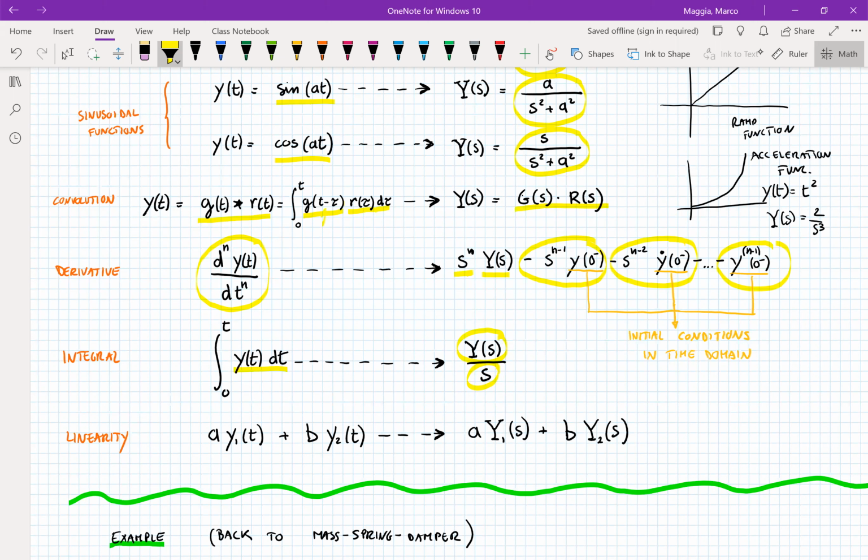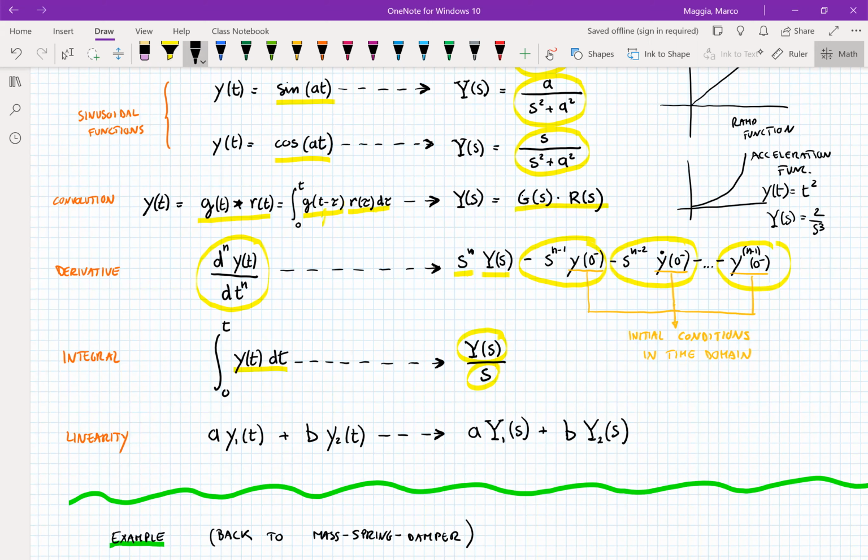Because whenever we have a derivative, well, usually we have again an ordinary differential equation or an ordinary differential system of equations. And so in order to solve the ODEs, we need a set of initial conditions.